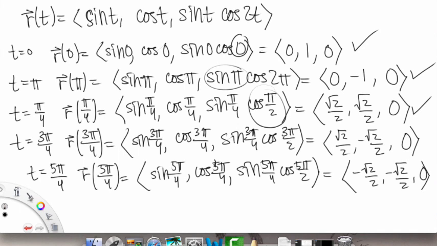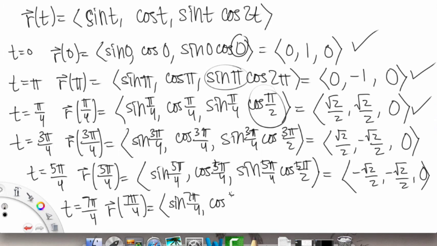All right, so last one, we made it, so we're going to plug in t equals 7 pi over 4. As I said, last one here. So sine 7 pi over 4, cosine 7 pi over 4, sine 7 pi over 4, sorry this is so long, and cosine 7 pi over 2.